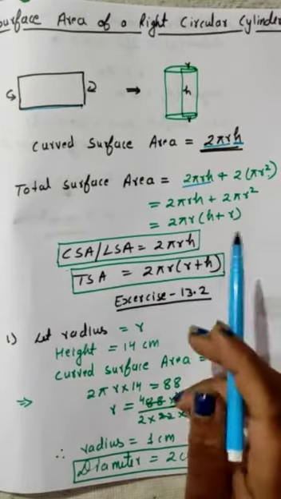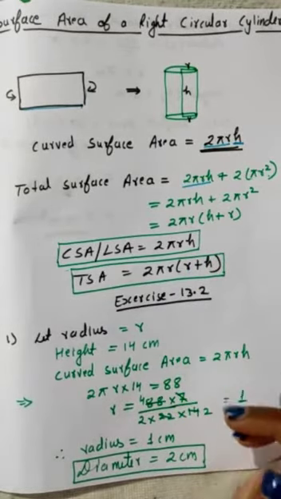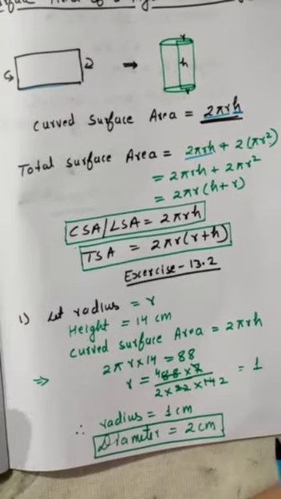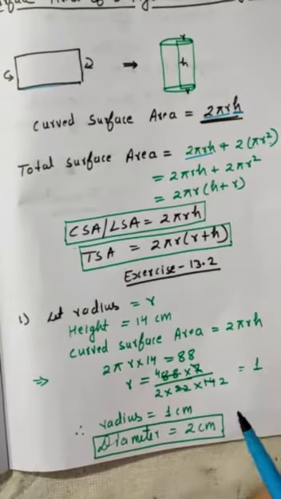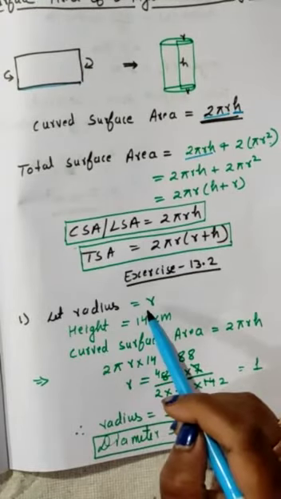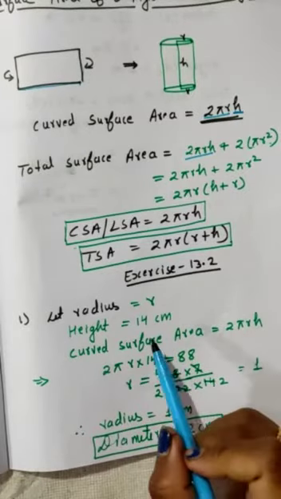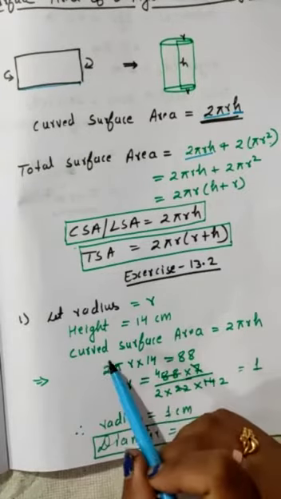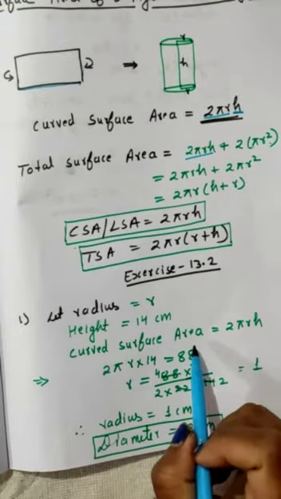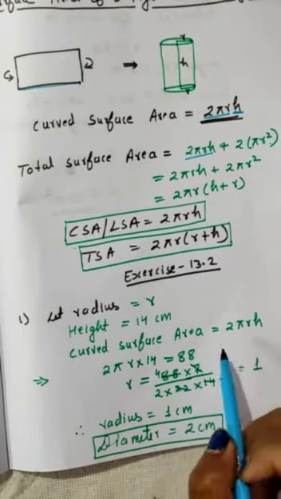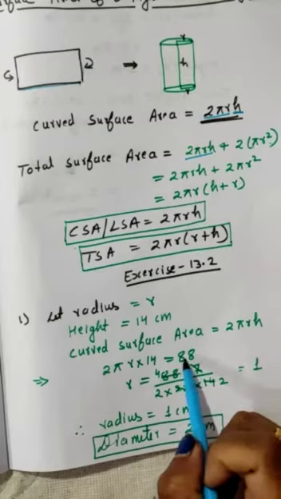So based on these formulae, we are going to solve exercise 13.2. Let's see the first question. You have a cylindrical tank, its radius is not given to us. Height is given, 14 centimeter, and its curved surface area is also given, which is 88.